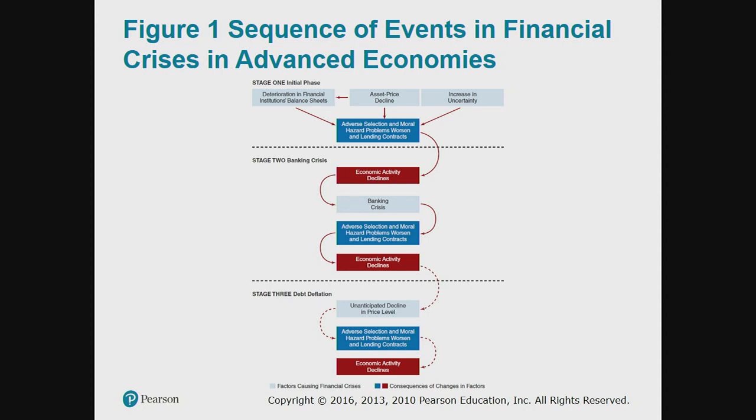All 3 of those things in the initial phase, according to the textbook, lead to adverse selection and moral hazard problems, and they worsen lending contracts.